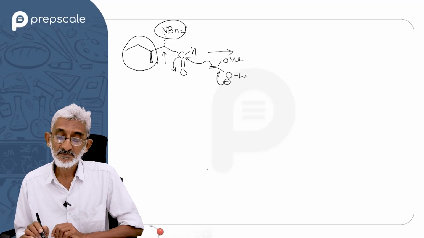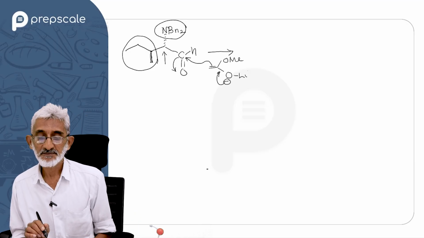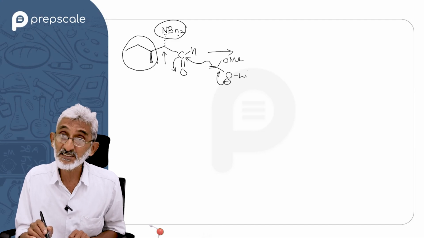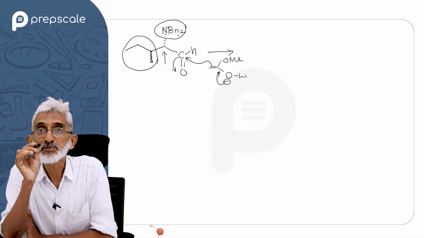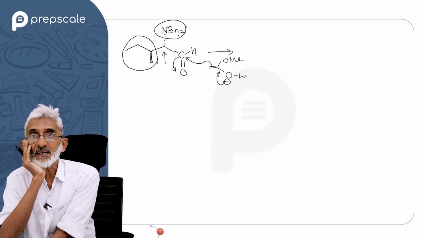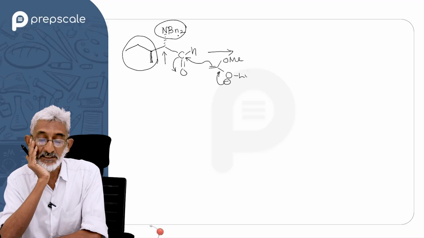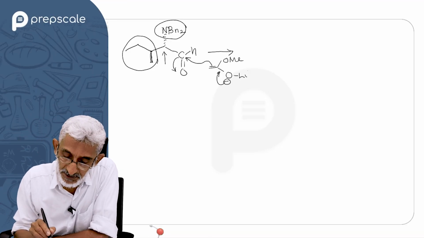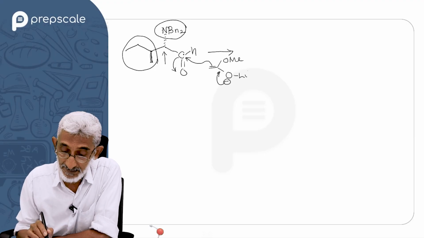Now remember, in this case you have NBN2 and this one. Which alkyl group, which is the largest group? That is the deciding factor. Experiments have given you different cases in which you have such substituents having an electronegative atom attached to the chiral carbon next to the keto group.